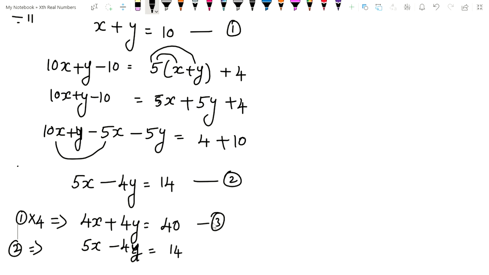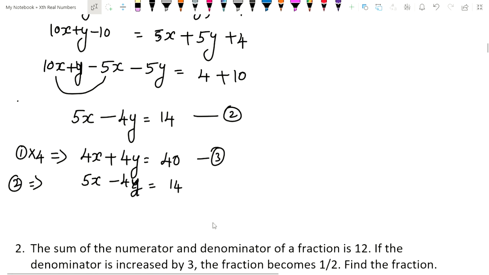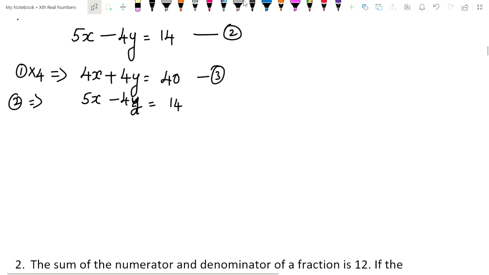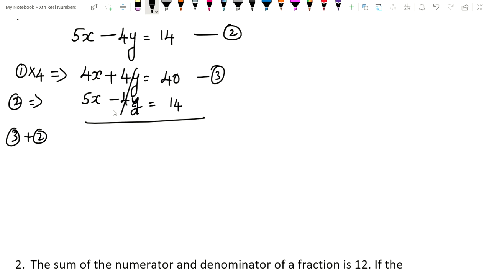Okay, we multiplied so that. Now you should add it. Now add equation 3 and 2. So now cancel this. 4x plus 5x will get 9x equals 54. x equals 54 by 9. 9 ones are 9, 9 sixes are 54.